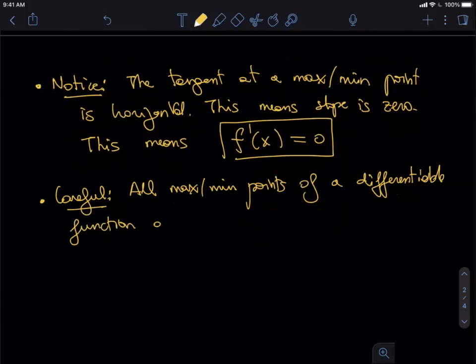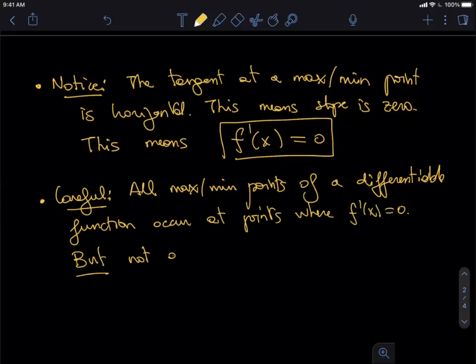These points of maximum or minimum must occur at points where f prime of x equals 0. But not all points where f prime equals 0 are maxima or minima.